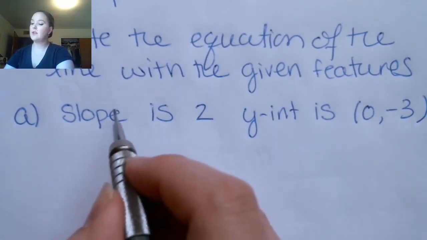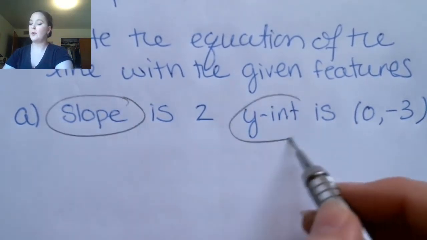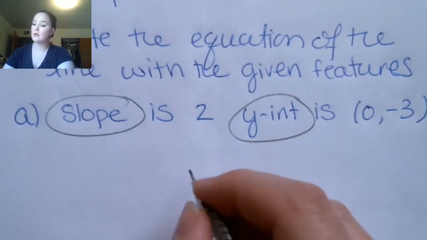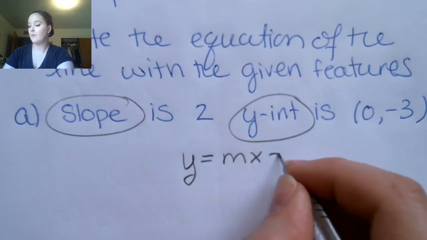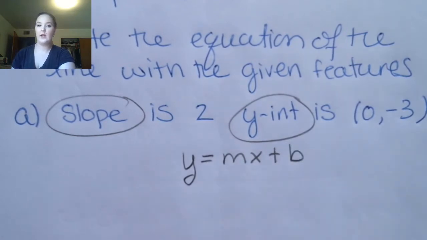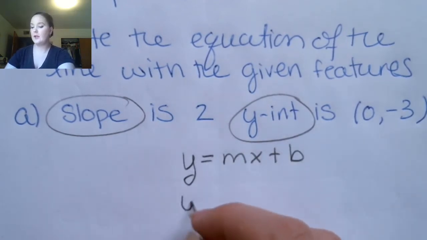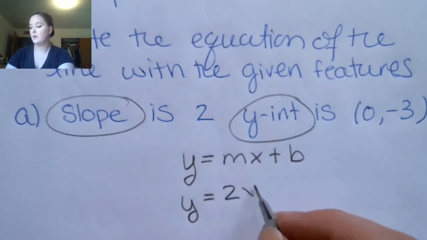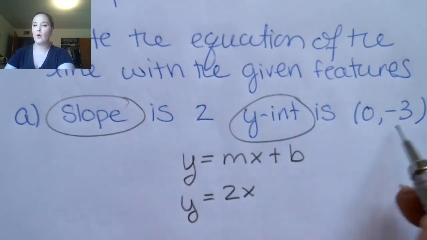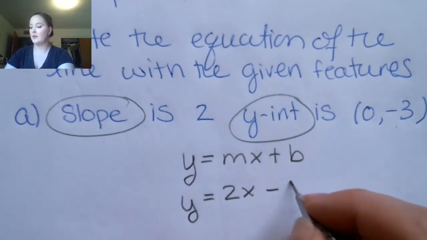Because the information that we have is the slope and the intercept, we're going to use slope-intercept form. Then we're just going to fill in the information that we know. So the slope is 2. The y part of the y-intercept is -3.